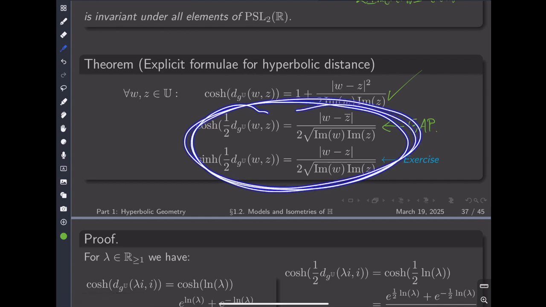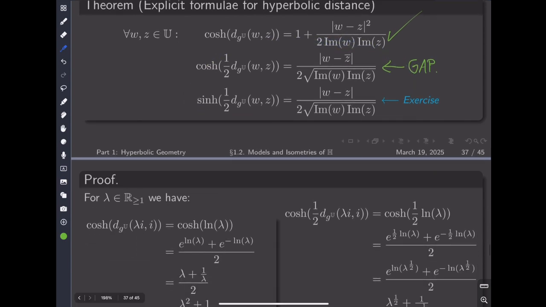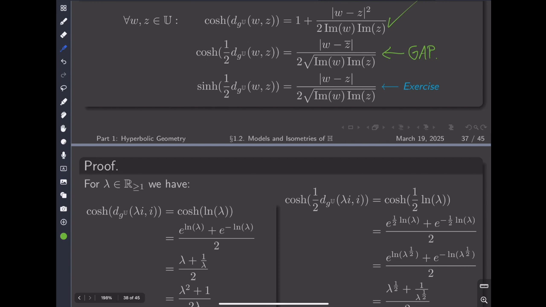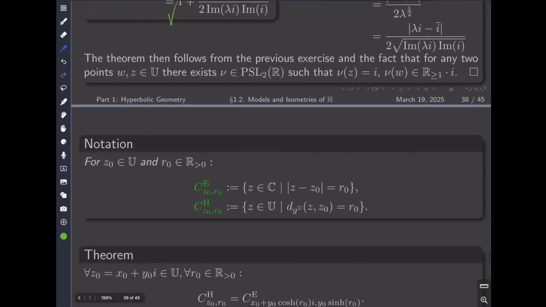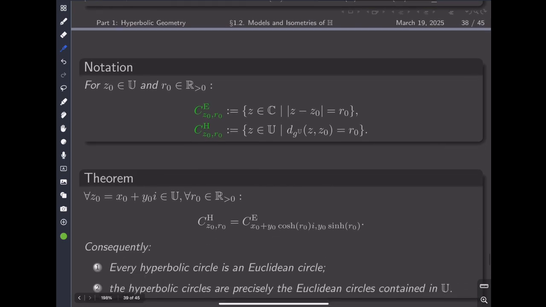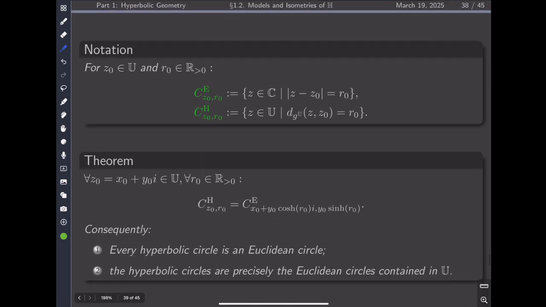The thing is, these two are used, as I said already many times, in the proof of Ptolemy's identity in the hyperbolic plane. And the circles, I see now as a kind of byproduct.